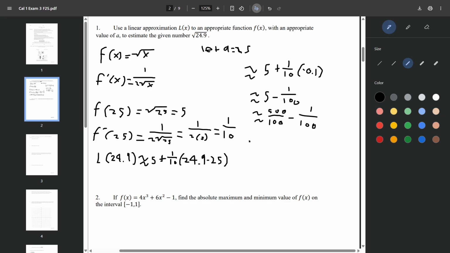And so our answer for L of 24.9 is approximately equal to 499 over 100, which approximately equals root 24.9.